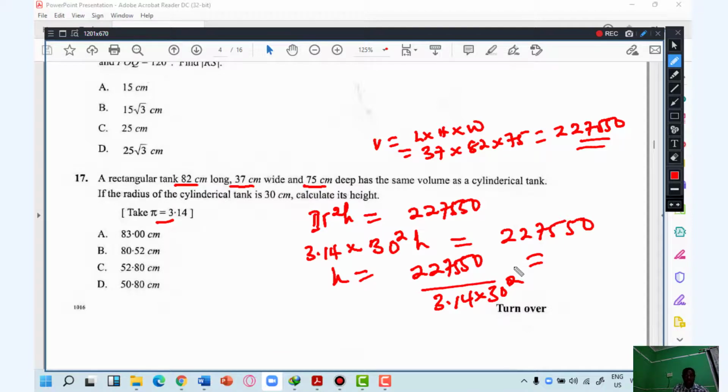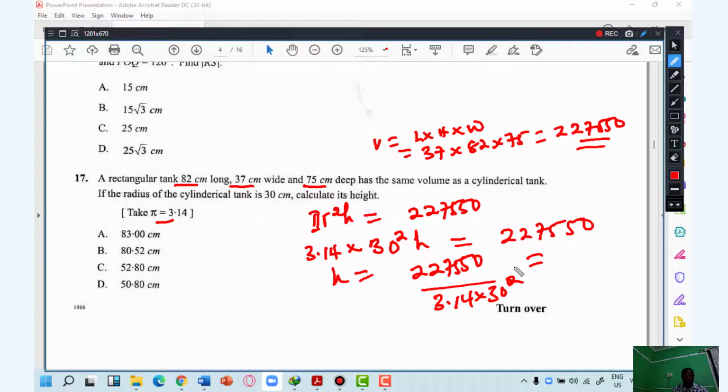So let's find out our answer. So 227,550 divided by 3.14 times 30 raised power 2.